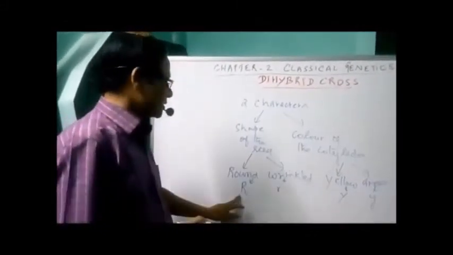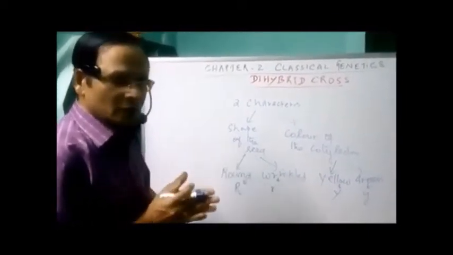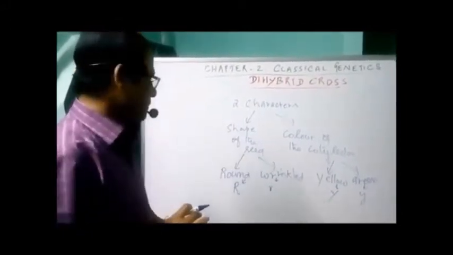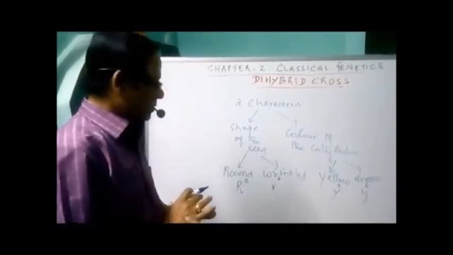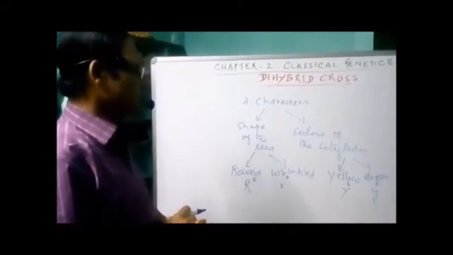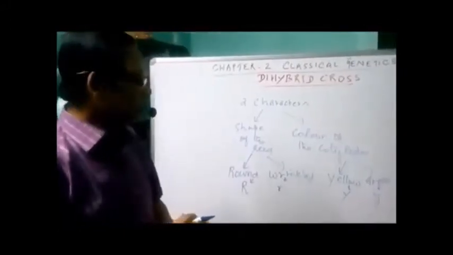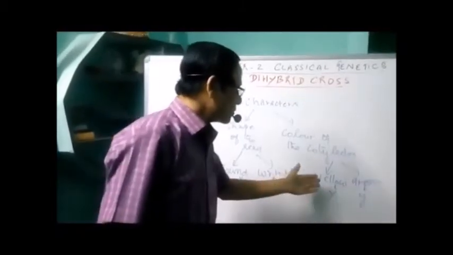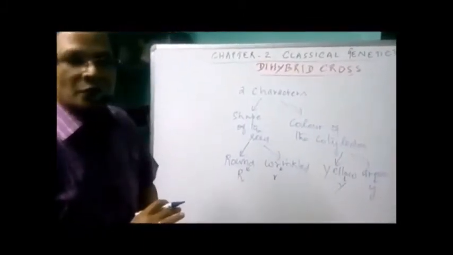Now the symbolization: capital R is given for round because when a monohybrid cross was effected between round and wrinkled, Mendel obtained only plants with round seeds. Similarly, when he conducted a monohybrid cross taking yellow cotyledon and green cotyledon, he obtained yellow cotyledon in the F1.